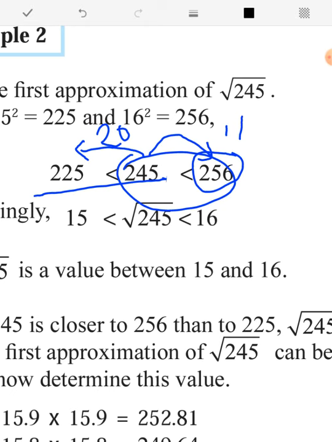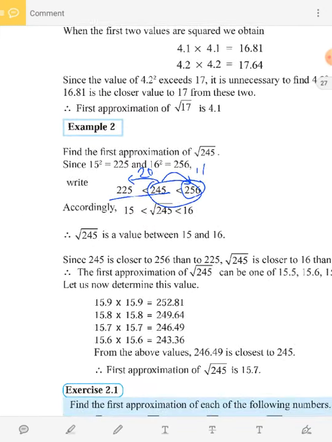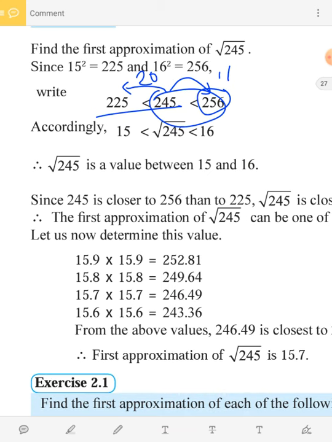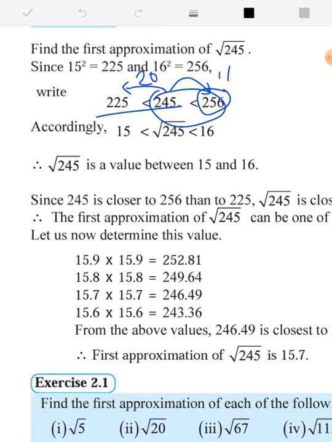So let's write it in descending order. We can start from 15.9 squared, 15.9 times 15.9, that is 252.81. Likewise, this one here is very close to 245, right? Then again we did 15.6 squared, that is 243.36.